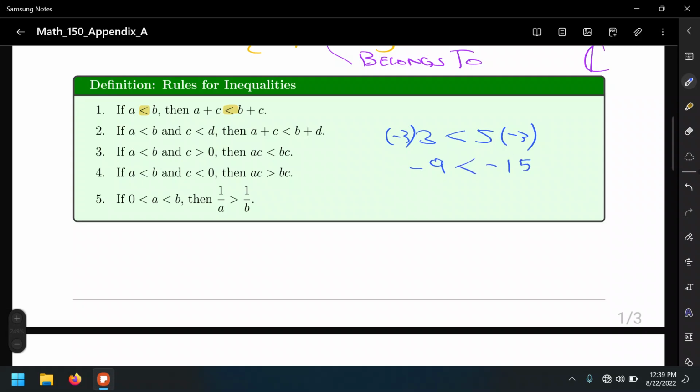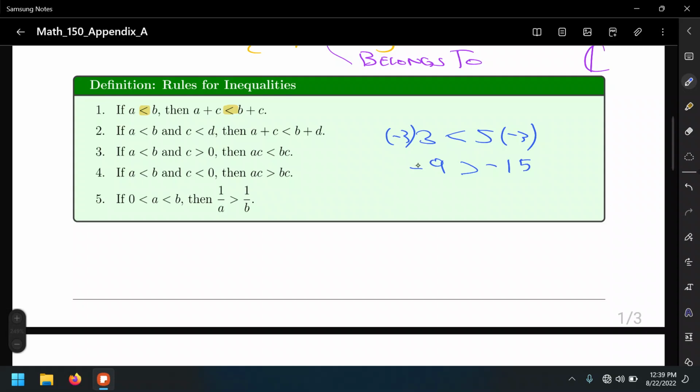Is this still a logical sentence? Is it true that negative 9 is less than negative 15? No, so that's why we always reverse the inequality symbol to keep the integrity of a logical sentence, to denote that negative 9 is greater than negative 15.